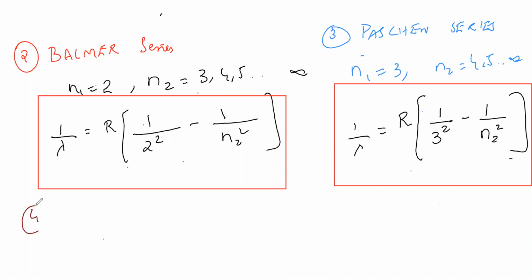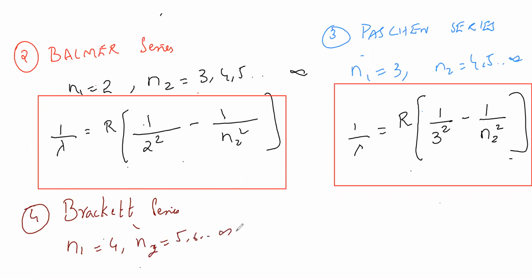Fourth one, Brackett series. So here n1 will start with 4, n2 with 5, 6 up to infinity. So 1 by lambda is equal to Rydberg constant into 1 by 4 square minus 1 by n2 square respectively.